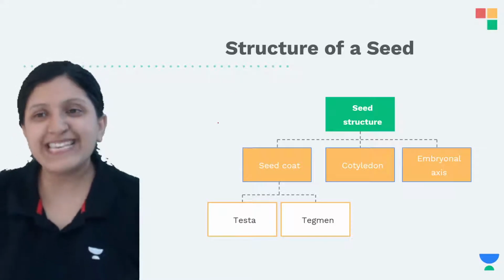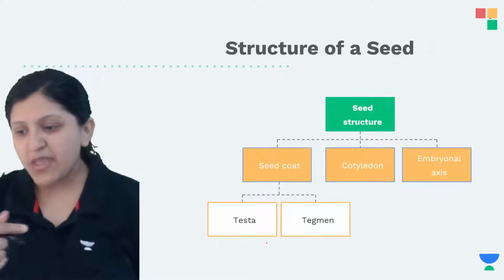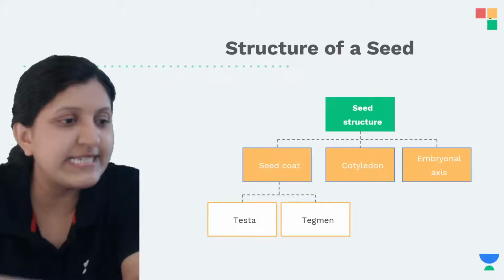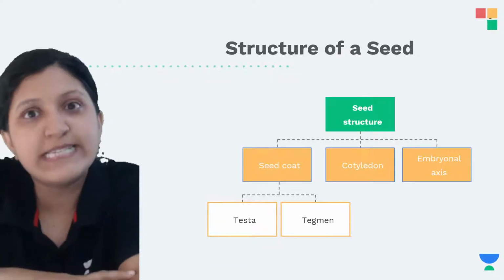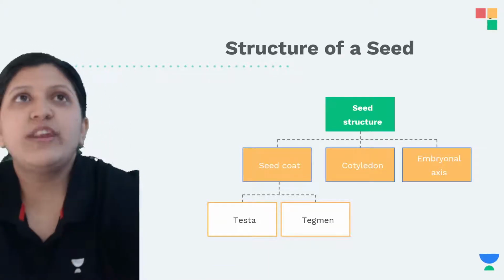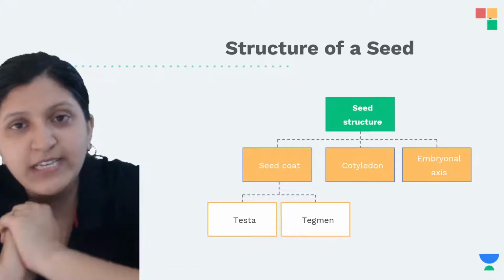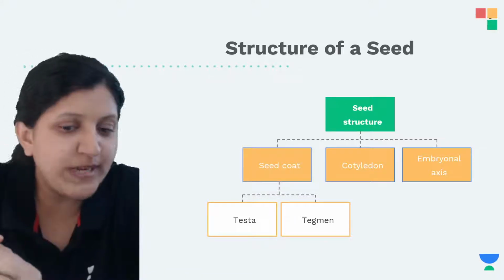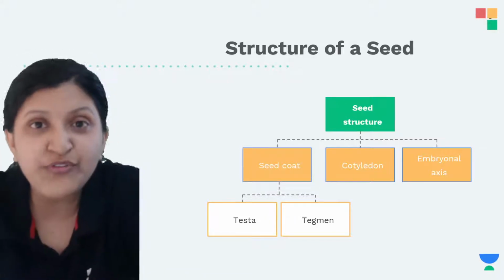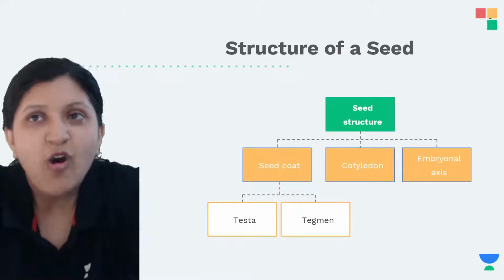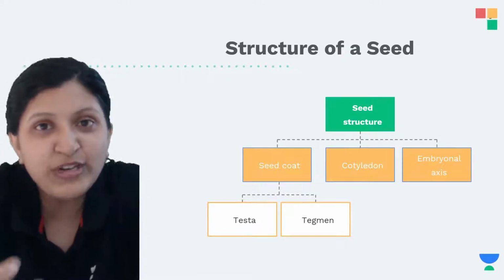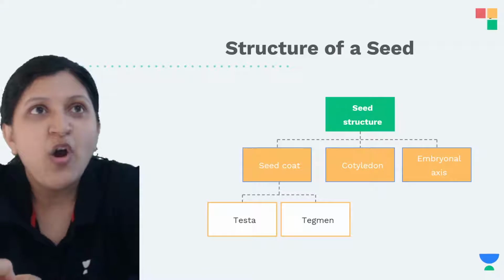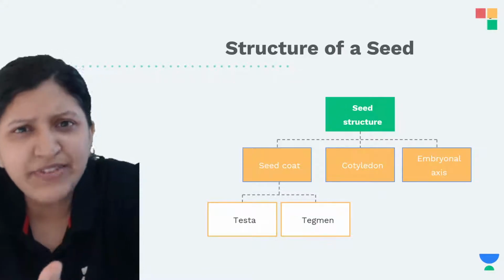Alright, so let's get started with the seed. We'll see what exactly a seed is and what it contains. When we mention a seed, what is present in it, and how is it helpful for plant growth? Why is there a need for seed production? We'll also see whether the seed is a living thing.